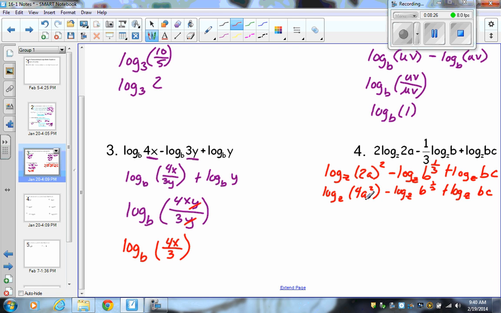So now I can divide these. So that's going to give me the log base z of 4a squared over b to the 1/3 plus the log z of bc.